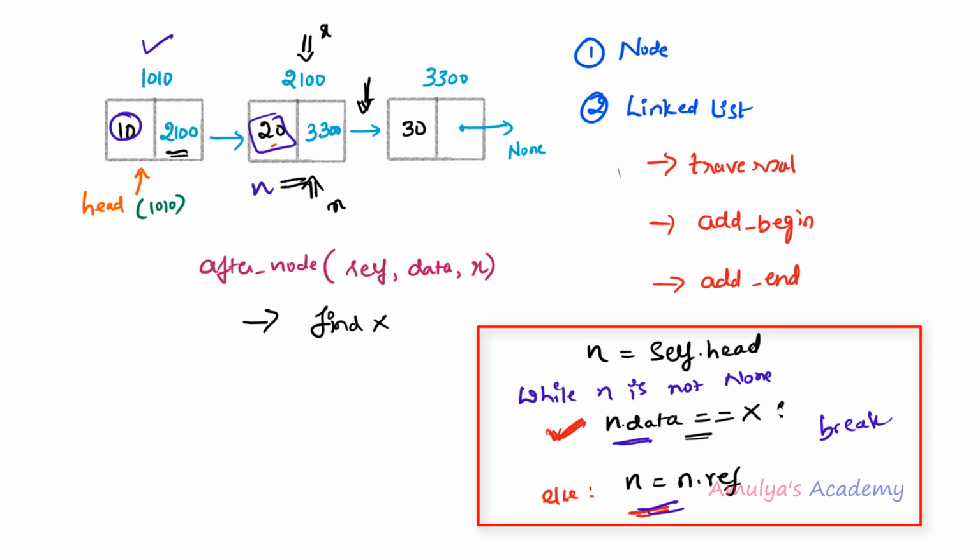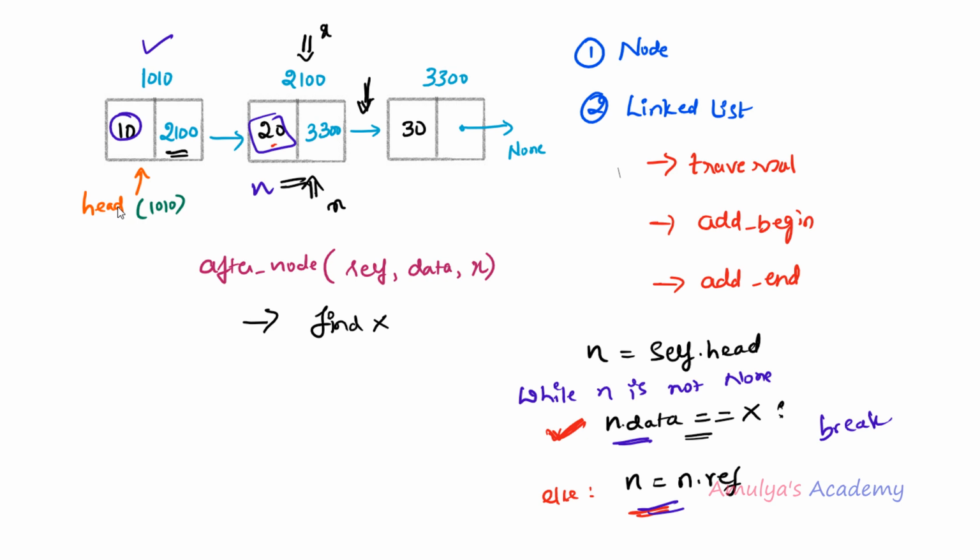After finding the x node, we need to come out of this loop. Here first we need to take the first node as n, and we need to compare the data present in that with the x. If it is equal, that means we found the x node, so we need to stop there itself. If it is not, then we need to go to the next node, and I need to compare the data present in that with the x.